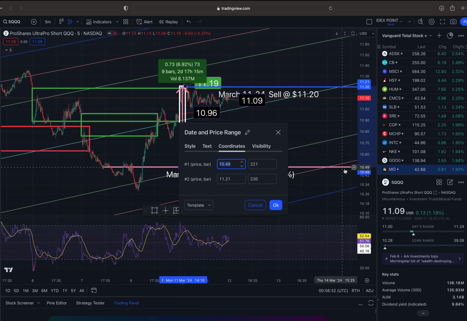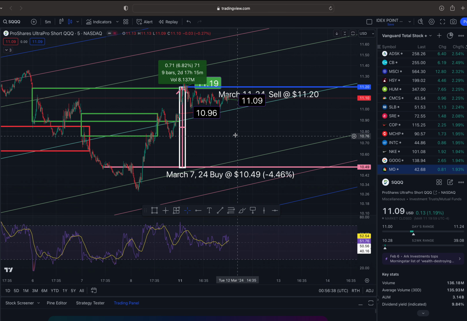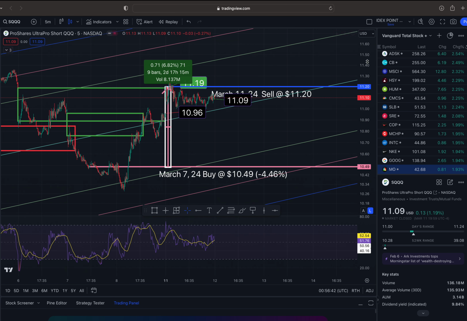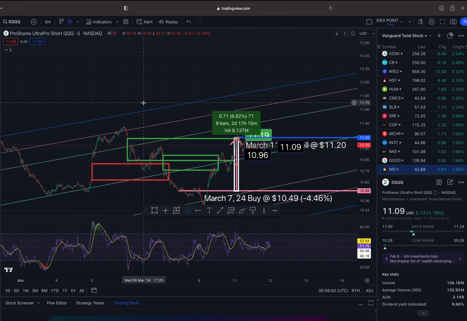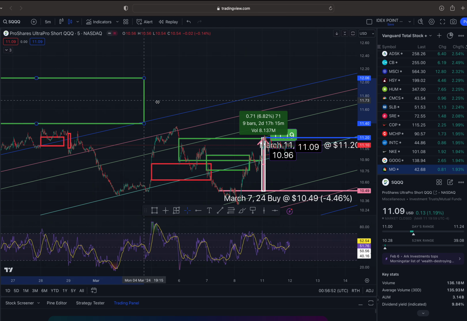So I bought in at 10.49, sold out at 11.20. And that gave me a return of 6.82% from March 7th. And I will not be a buyer again until price falls down here. And then I will consider looking at it. Or, look at this.